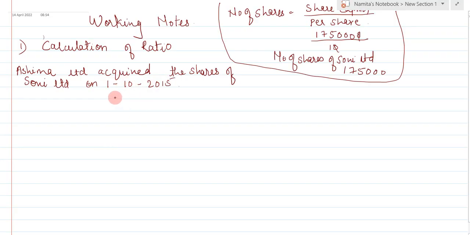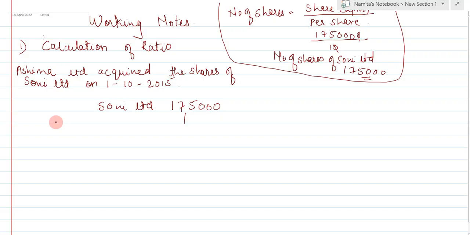Okay, so now Sony Limited's number of shares is what? 1,75,000. Okay, 1,75,000 are the shares of Sony Limited.